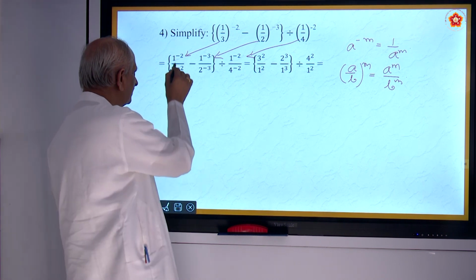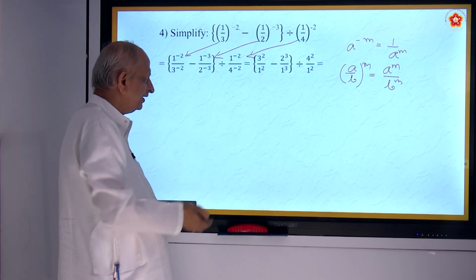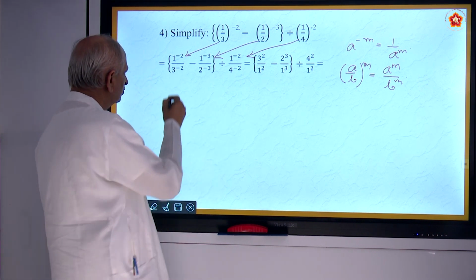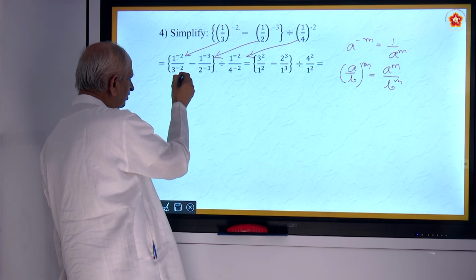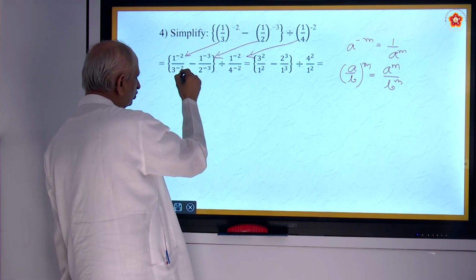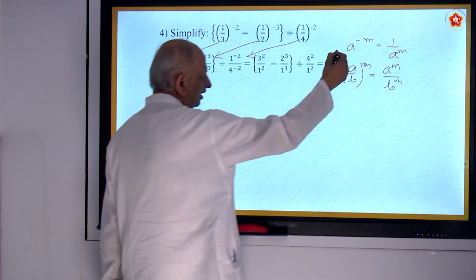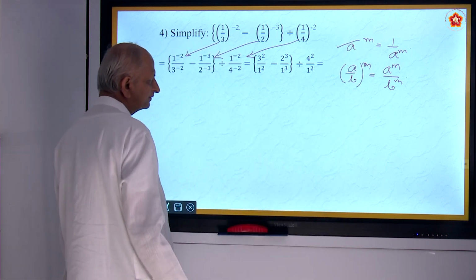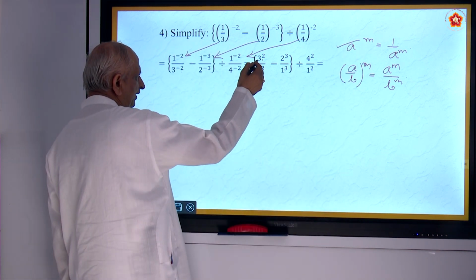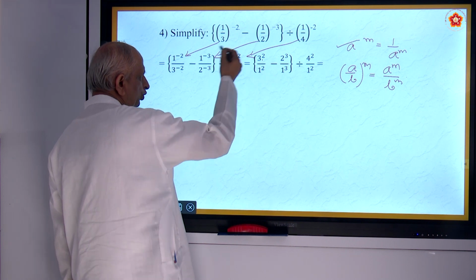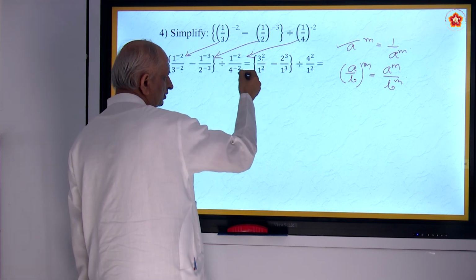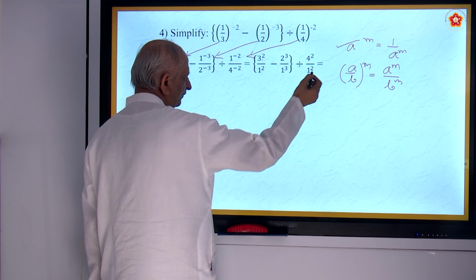Now, as there is a minus here, you can write the inverse. So, (1/2)^-2 can be written as, this goes to the numerator. The first law, multiplicative inverse. So, 3 square by 1 square, 2 cube by 1 cube, divided by 4 square by 1 square.